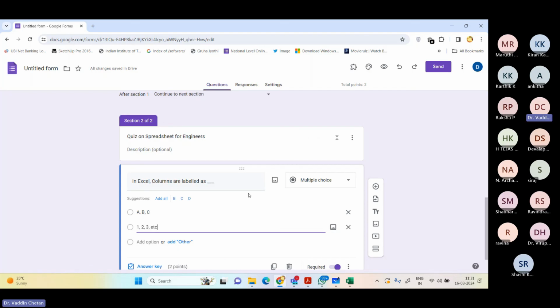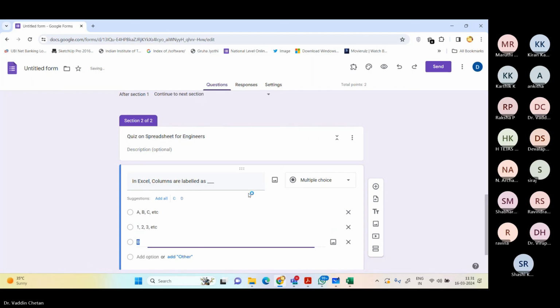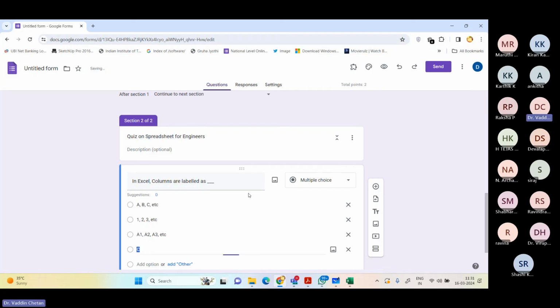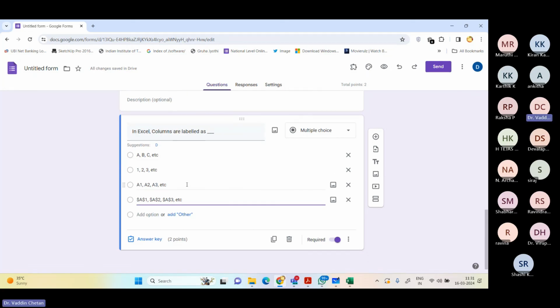The third one is A1, A2, A3, etc. And the fourth one is $A, $1, $A, $2, $A, $3, etc. Here this is 2 marks.